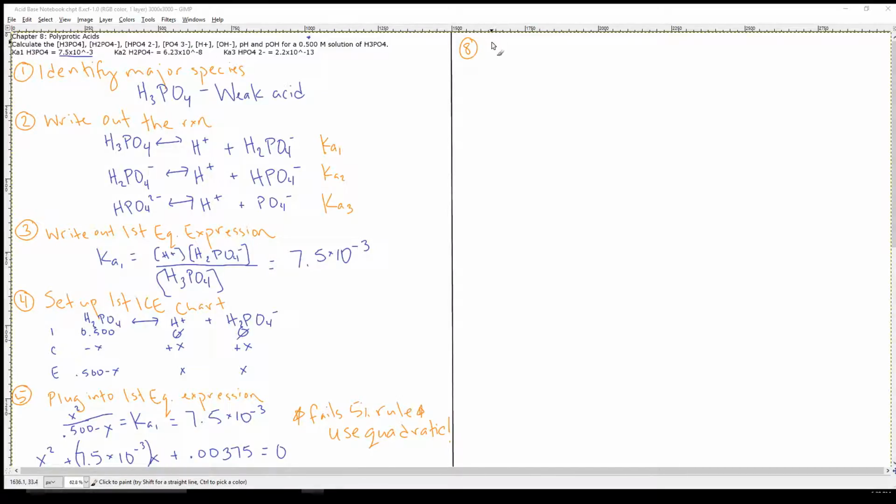So step 8 is to plug these x's into your second equilibrium expression, and we want to solve for x.